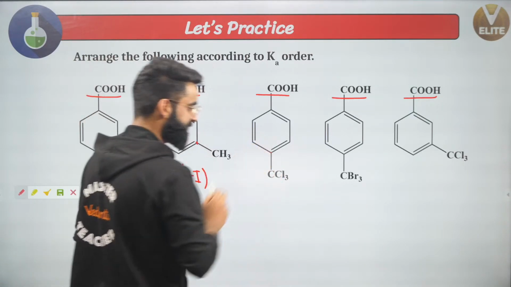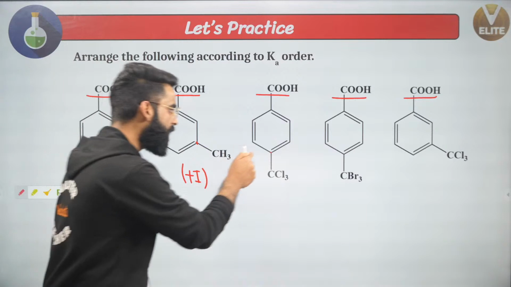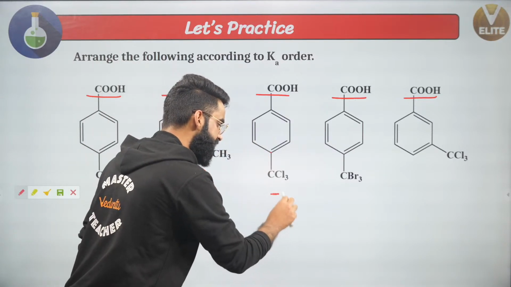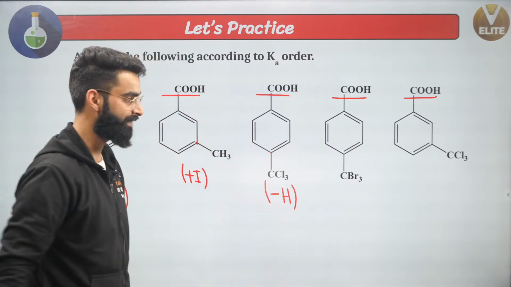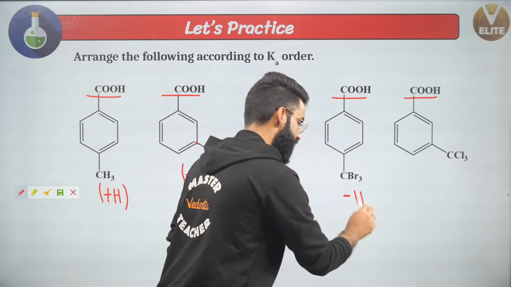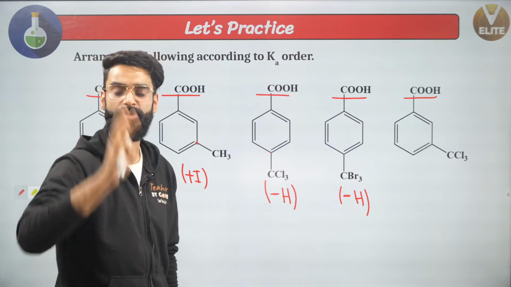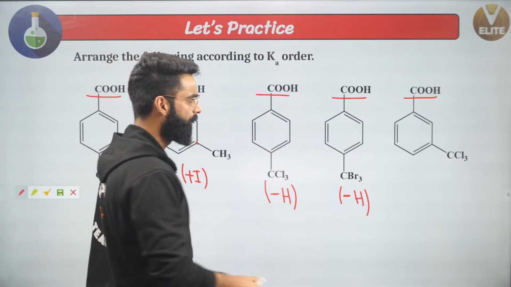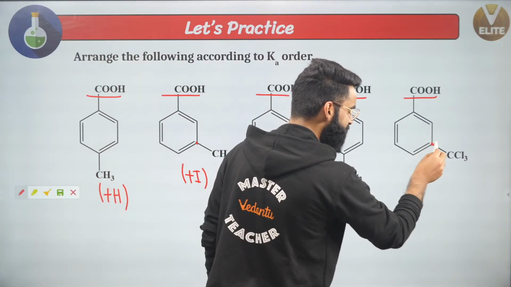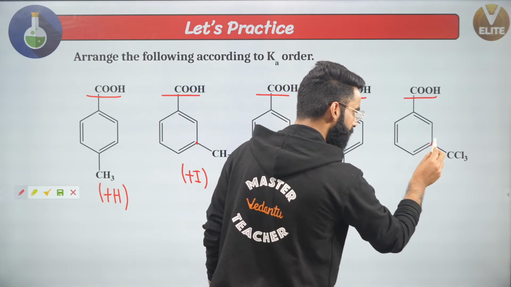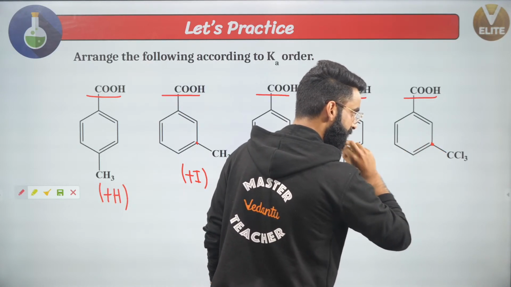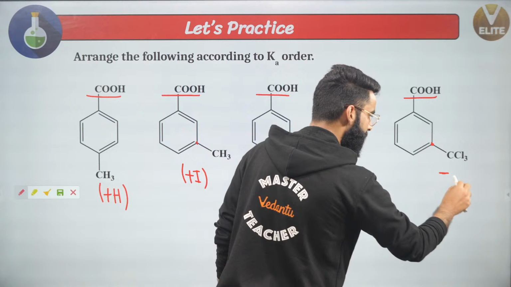Which effect for this CCl3? It's at the para position, so I'm going to take its minus H effect, right? CBr3, again minus H effect. These are CX3 forms, and a CX3 group always shows minus H. What about this CCl3 right here? This is at the meta position, so the minus H effect is not going to operate from the meta position; it's only going to show minus I effect.